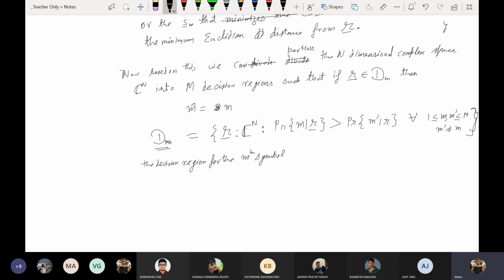We simply say that this D_m is the region, which is a subset of R, R in C^n, such that the probability of m given R is greater than the probability of m' given R for all m' other than m. For any other m', the probability of having this is larger in this region. This is what we are saying here.